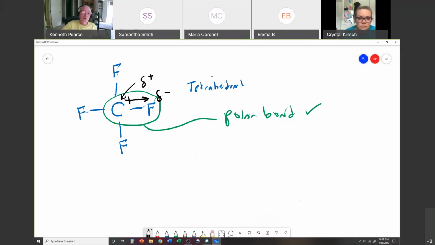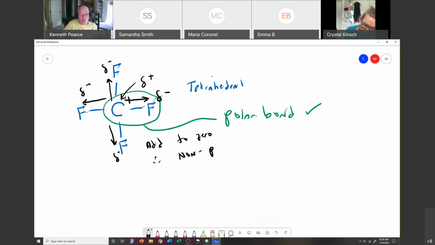All right. But if you were to take all of these vectors, what would they add up to? They'd add up to 0 because they're all pulling, so they add to 0. Therefore, nonpolar.